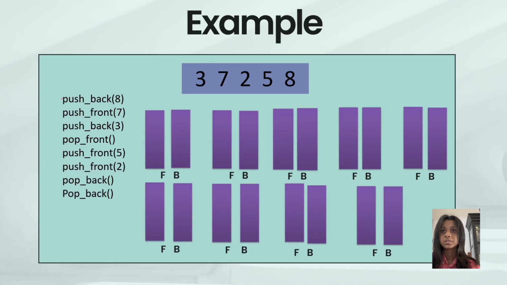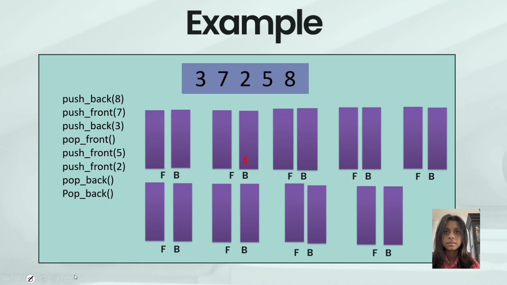Now we need to check if the 2 stacks are empty. Since they are empty, we can use these operations. Push back 8 means you need to push 8 in the back stack. So this is the back stack, and we push 8.